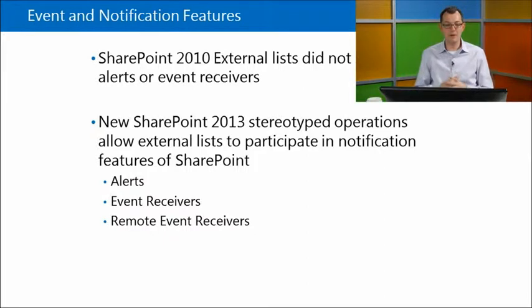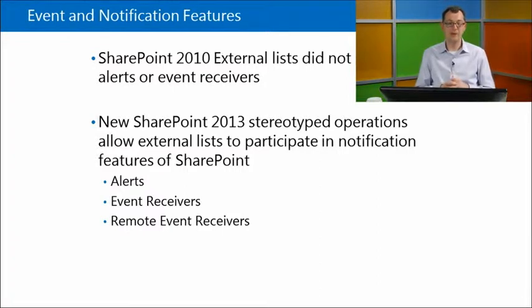So anyway, these new operations in 2013 allow for three new things. One of them is alerts, so any user can go into an external list if this is set up properly and the plumbing's right on the other side. Yep. And they can be notified of new items that come up in the external system. The other thing we can do is use event receivers, and they go both ways.